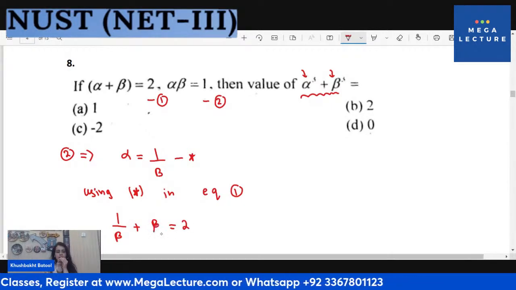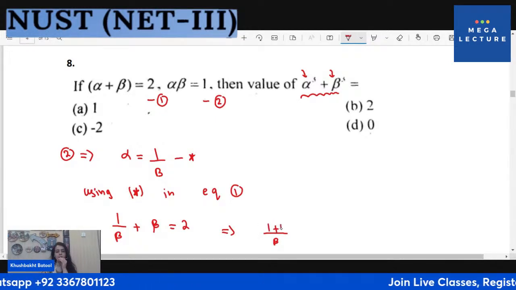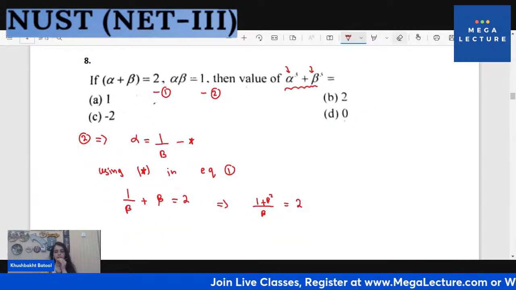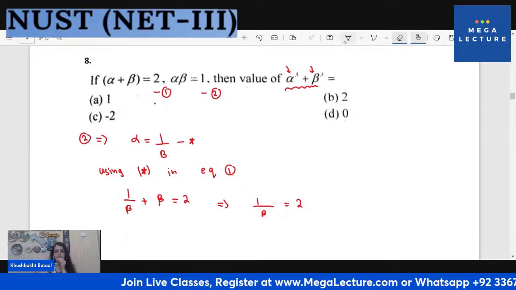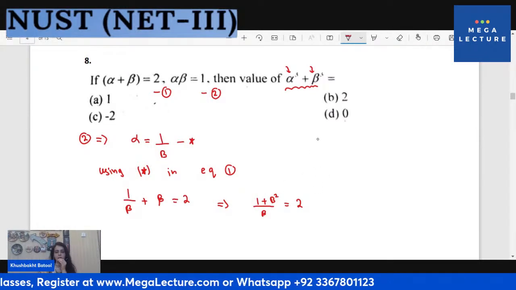Okay. And then I am going to simplify it. So I'll be taking the LCM. It would become beta, 1 plus beta squared equals 2. And I'll just write it neatly, 1 plus beta squared. Okay.